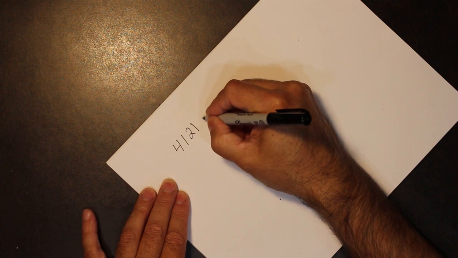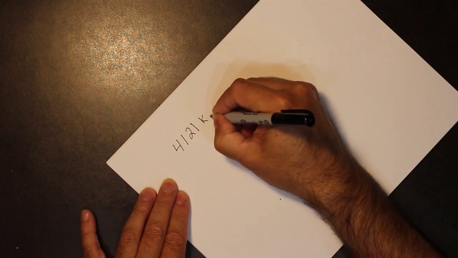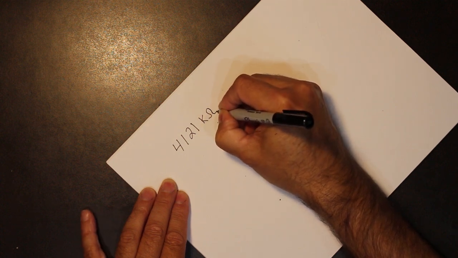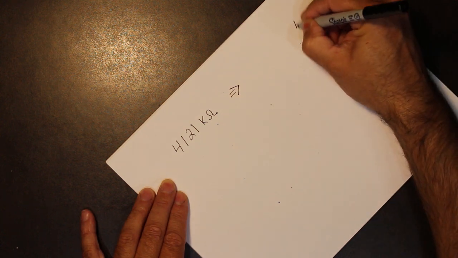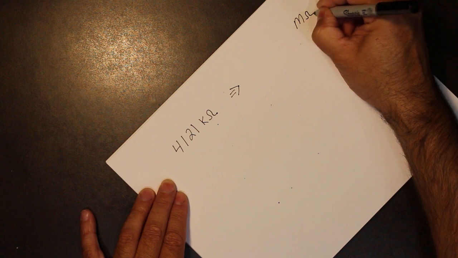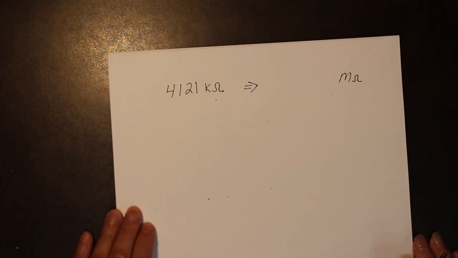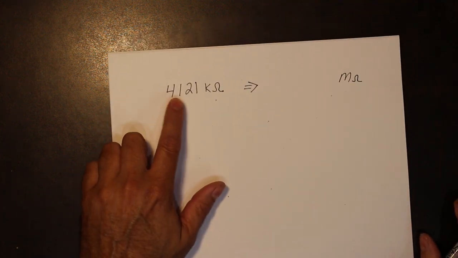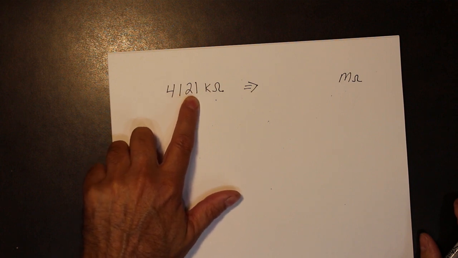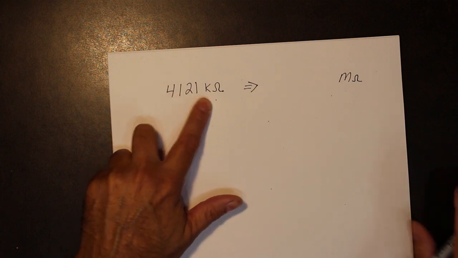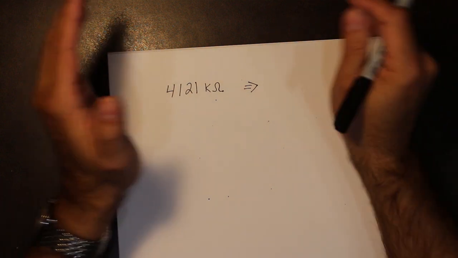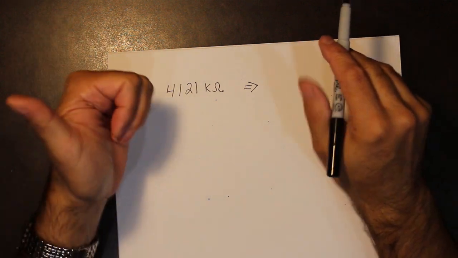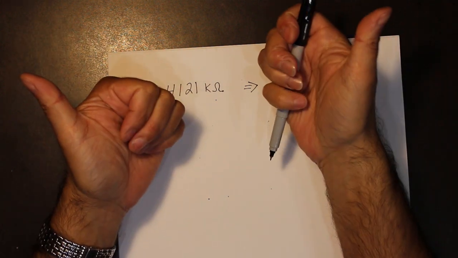So let's just take one simple example. If I had 4,121 kiloohms, what is that value in mega ohms? So I have 4,121 kiloohms. How many mega ohms do I have? First you have to ask yourself, which is bigger, a kilo or a mega?